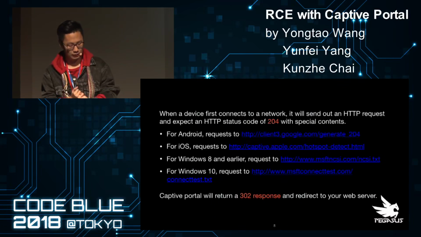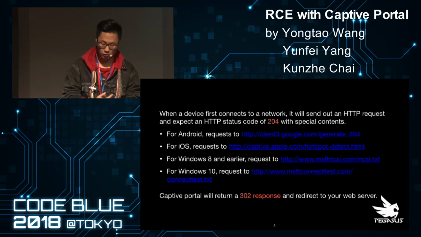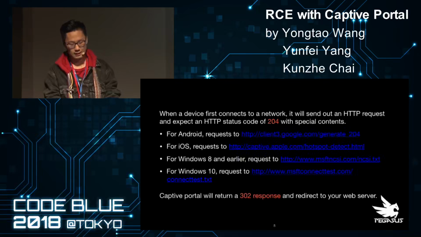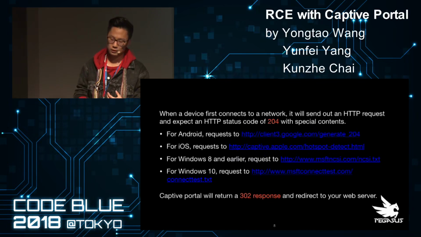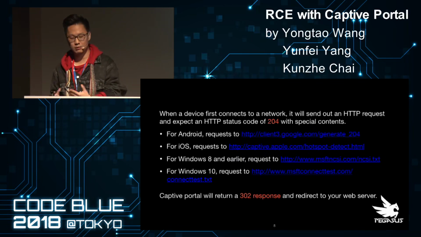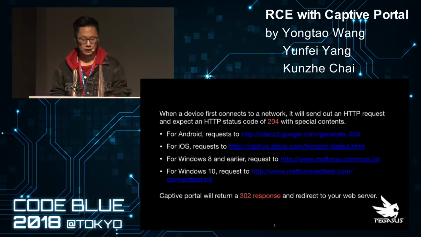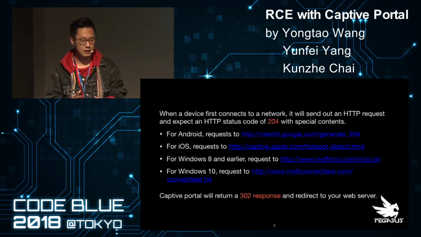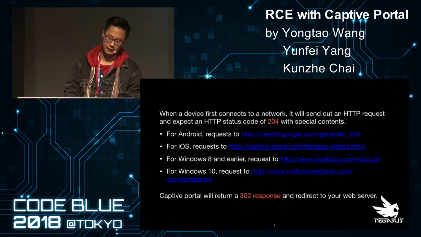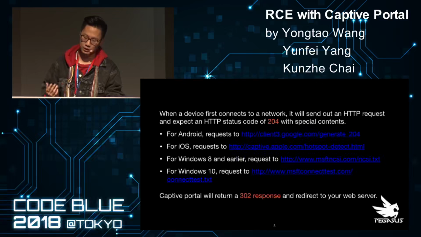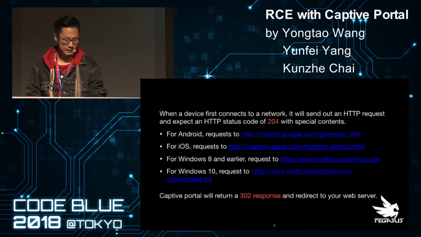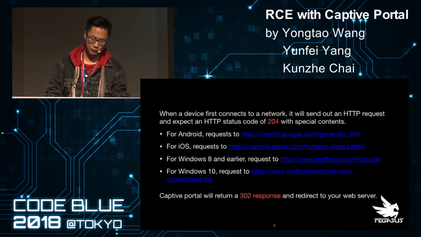Let's have a look at how a captive portal works. When a device such as your mobile phone, your pad, your laptop connects to a Wi-Fi with a captive portal, the device will send out an HTTP request to a link and expect an HTTP status code of 204 with special content to make sure the connection is good.